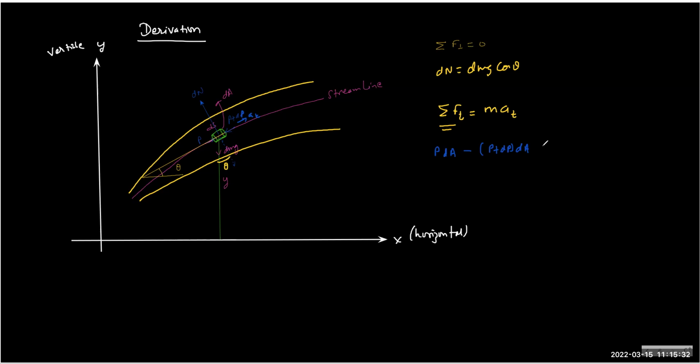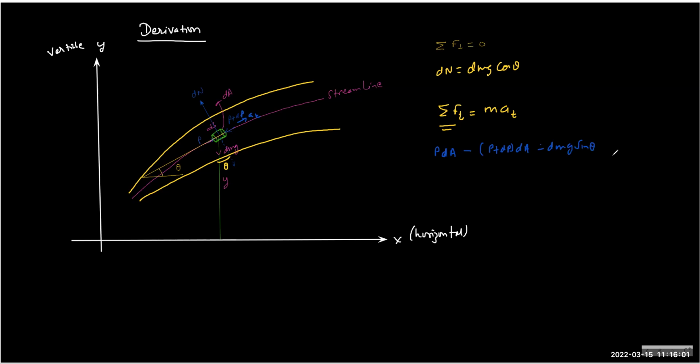So you can see that it is the pressure which accelerates the liquid. So PdA minus P plus dP into dA, this must be equal to what? dm into a_T. Oh, sorry, one thing I missed. One more force is acting down the plane, which is minus dmg sin theta.